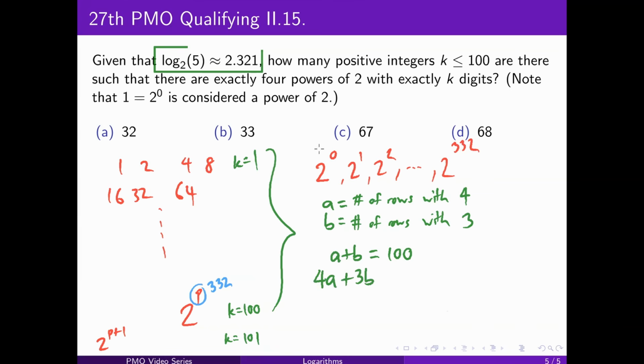And since you're considering from 0 to 332, there are a total of 333 powers of 2. So now solving this system of equations, you'll find that A should be equal to 33, which tells us that there are 33 values of k such that there are exactly 4 powers of 2 with that many digits. And thus, the answer is B, 33.